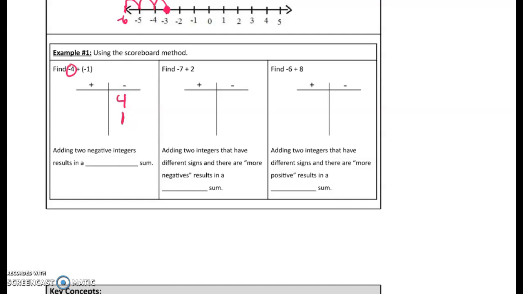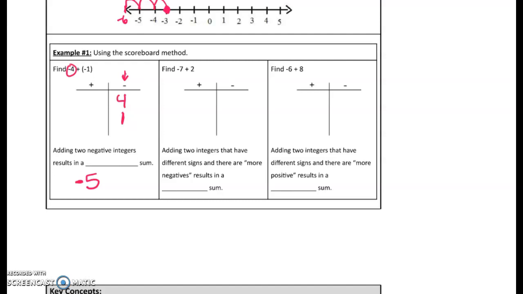So that gives us an answer of 5 because 4 plus 1 is 5. But the negative team is winning, so we have to put the negative sign in front of it. So that gives us -5.